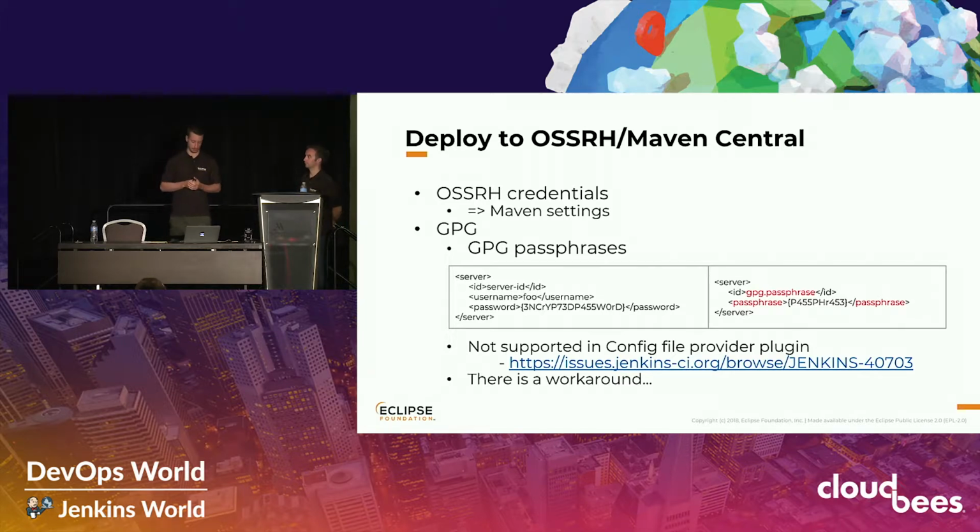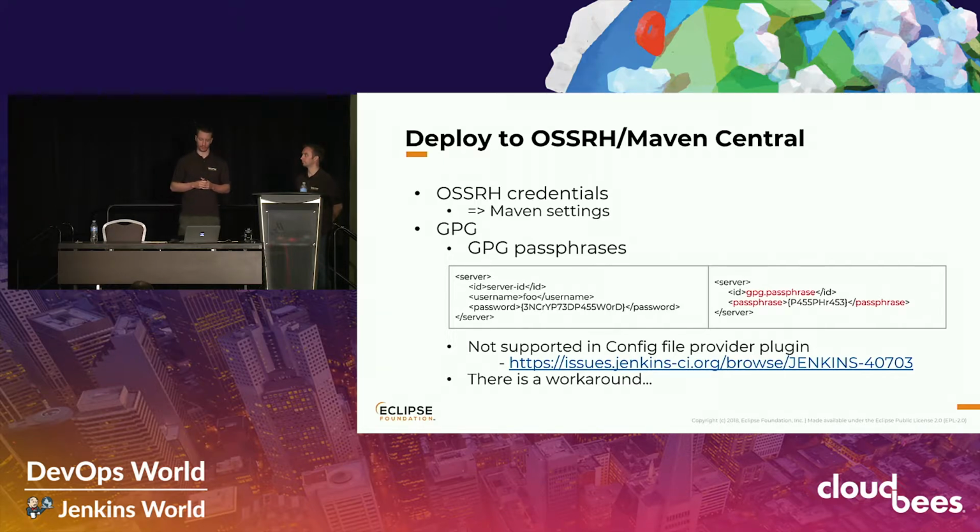It's called OSS Repository Hosting, and it allows anyone basically to deploy to Maven Central by providing a staging repository where you can upload your artifacts, and it runs a couple of checks. If those checks are successful, then it allows you to deploy to Maven Central.